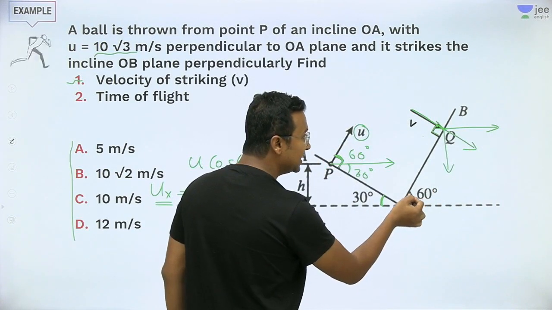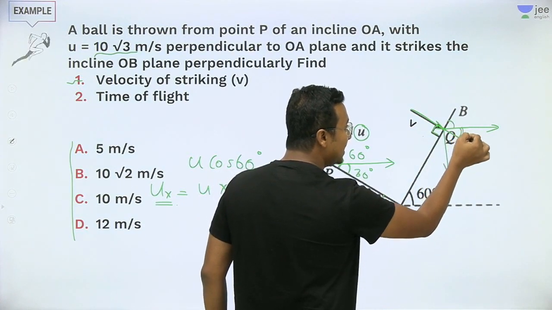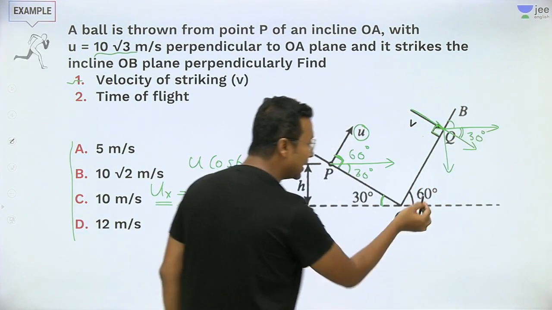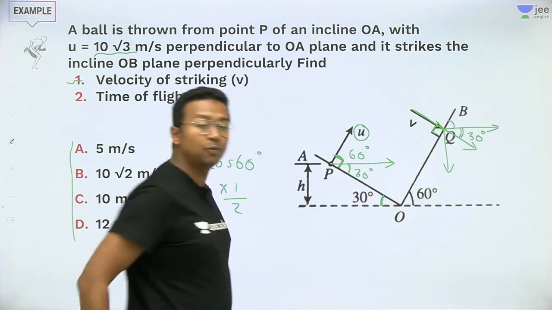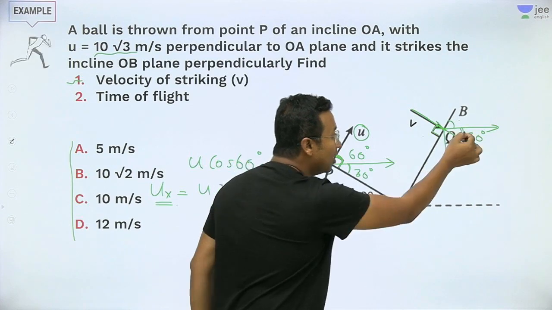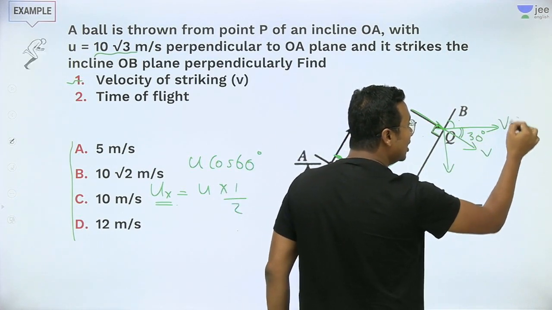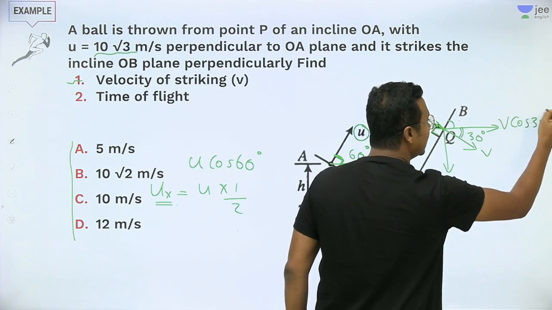If you look, this is 60, so this will be 60, this will be 30 degrees. See, try and understand, this is 60, this will be what? Corresponding angles. That's why 60, but this will be how much? 30 degree. So this is v, so this will be v cos 30.